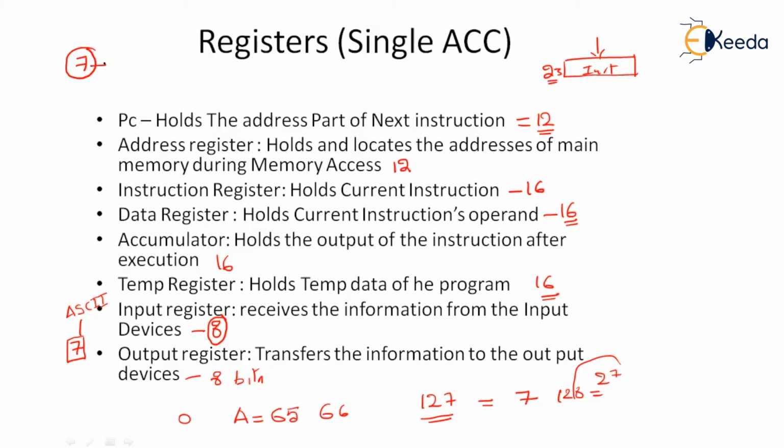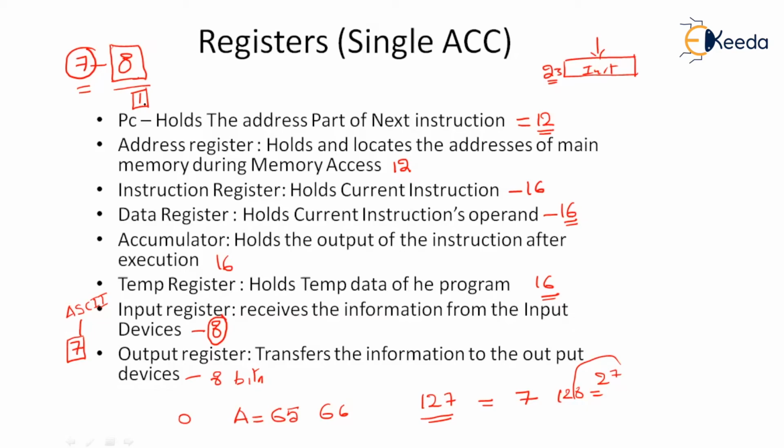Even if you want to store 7 digits, you need to take a complete 8-bit register, because the smallest storage within the computer system is 1 byte. Anything less than 1 byte is not possible to accommodate or store. So we take one complete byte-size register to store this 7-bit value. At that time, one digit will be unused in both the input register and output register. That bit we can use for some special and additional purposes.